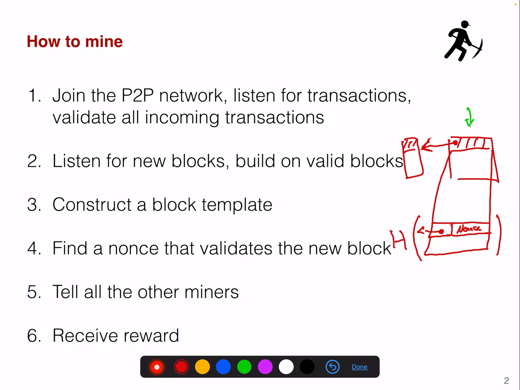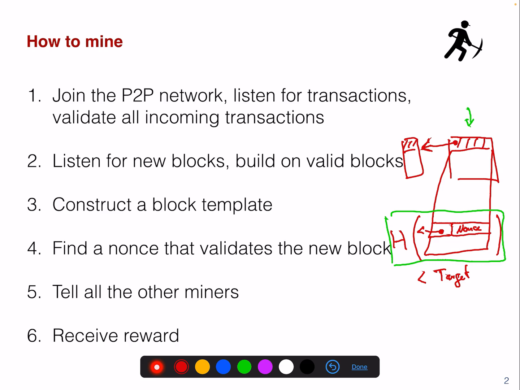So you take the hash of this entire thing, and this is what the hash of a block would be: the hash of a block is the hash of the block header. When we say validate a new block, this means that this hash has to be smaller than a given target value. This is something we'll be looking into in the next slides.